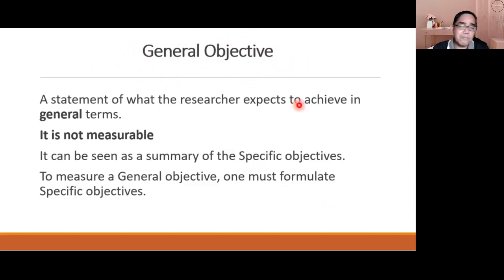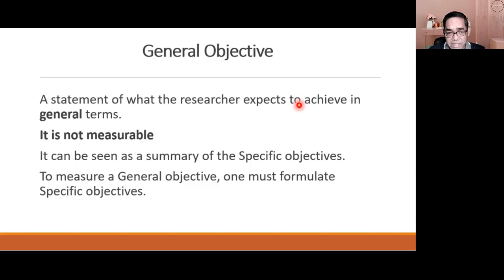And the reason why I'm emphasizing this to you is that I do see a lot of people coming to me for consultation, showing to me a general objective that's different from the specific objectives. So they phrase a general objective and then phrase specific objectives different from the general objective.